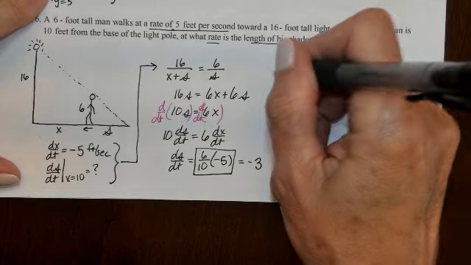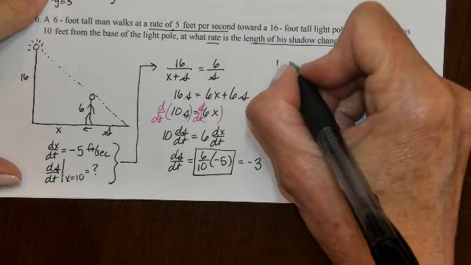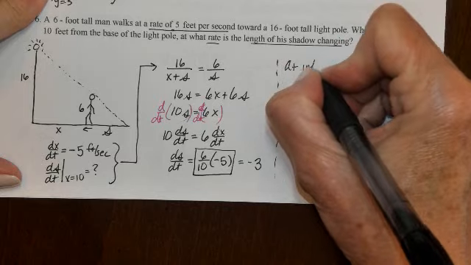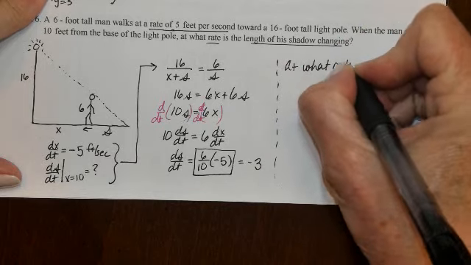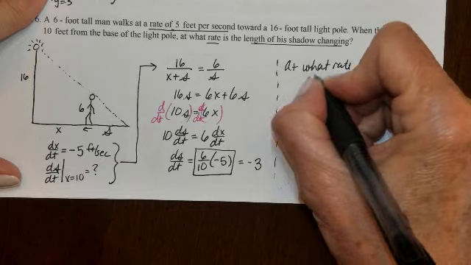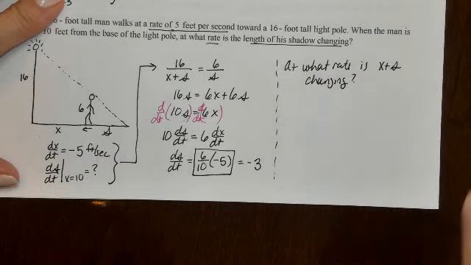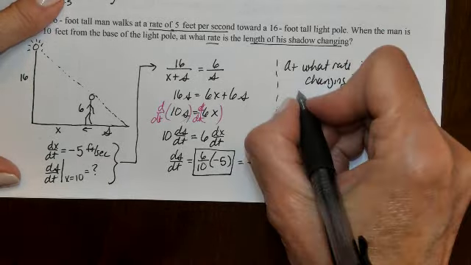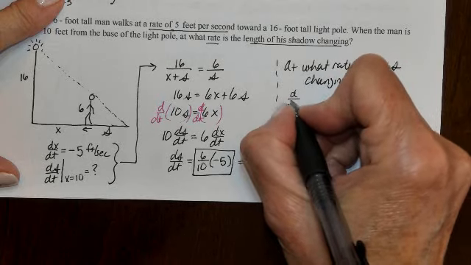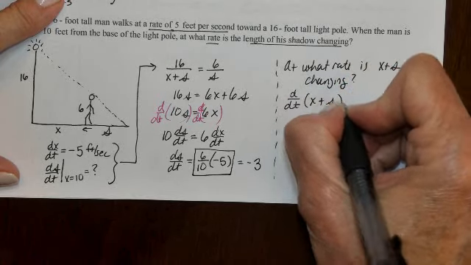A little FYI here. What if they had asked at what rate x plus s is changing? So they would be asking, what is the derivative with respect to t of x plus s?